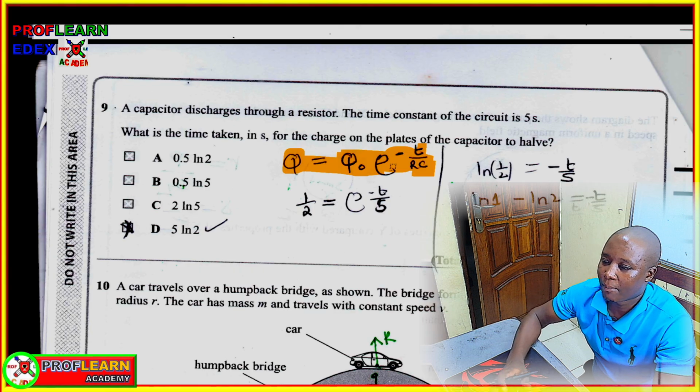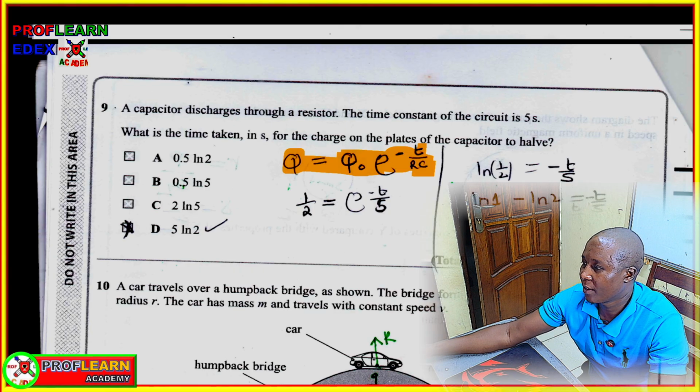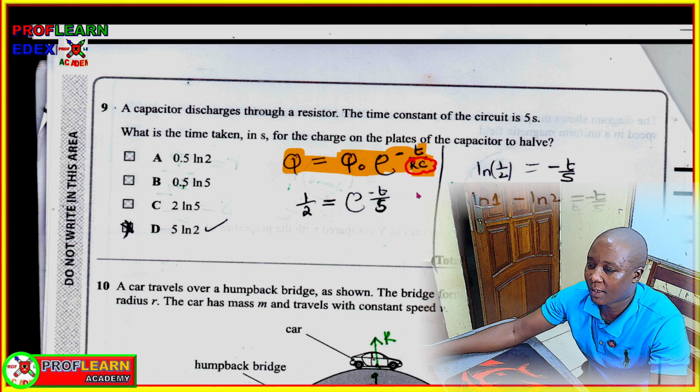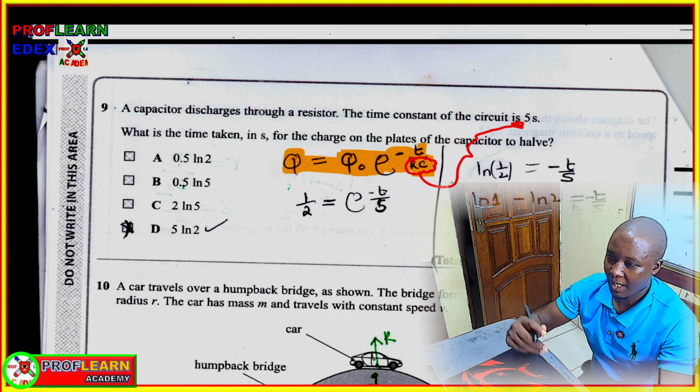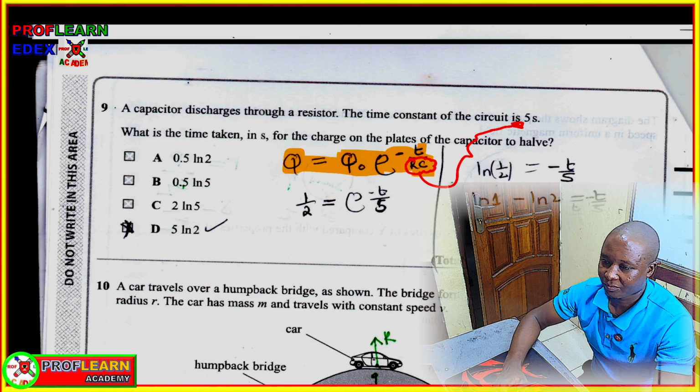This part RC is basically representing the time constant, and in our case the time constant is 5. So you are going to substitute RC with the time constant, and we are also going to divide the charge remaining by the original charge.